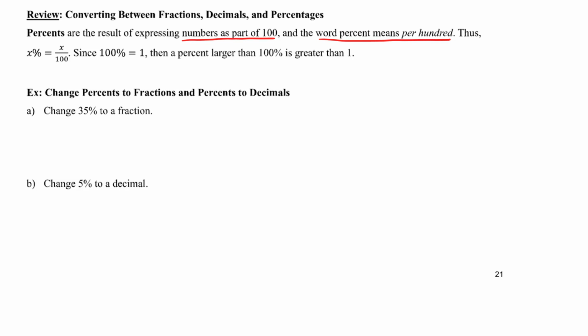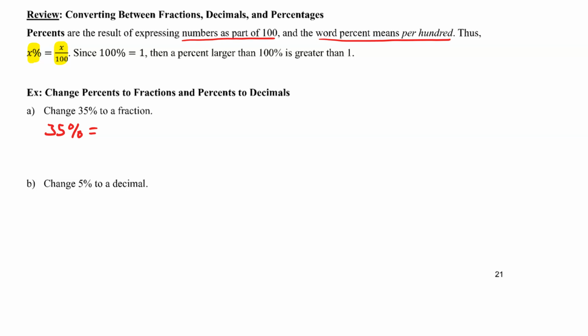We notice right here they give us whatever that number is with the percent sign, and then they show us that equals, in fraction form, that number over 100. So 100% is equal to 1, and if you have a percent that's larger than 100%, that number is bigger than 1.